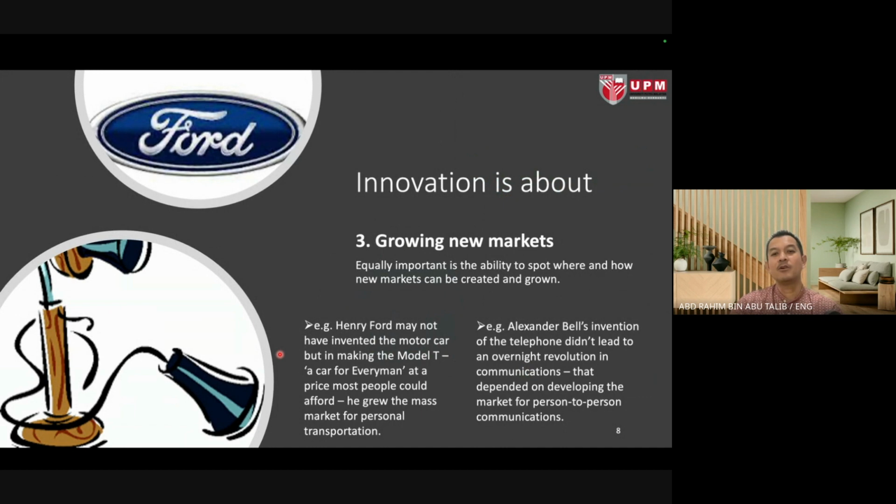The third one is about growing new markets. Innovation is also about growing new markets. Equally important is the ability to spot where and how new markets can be created and grown, right?